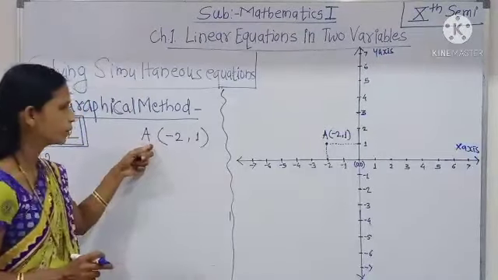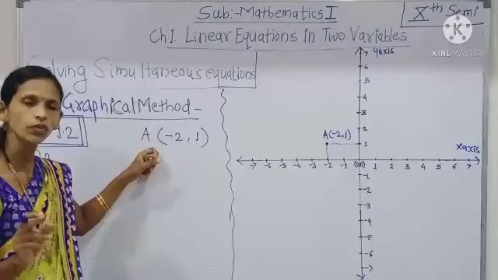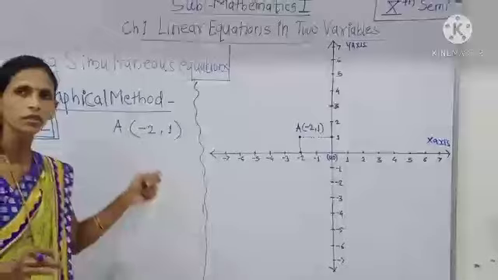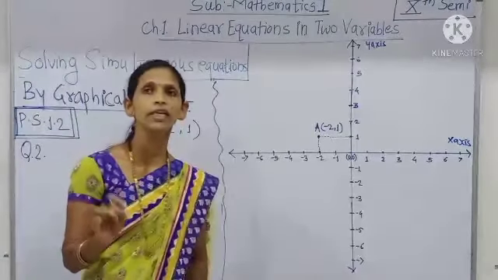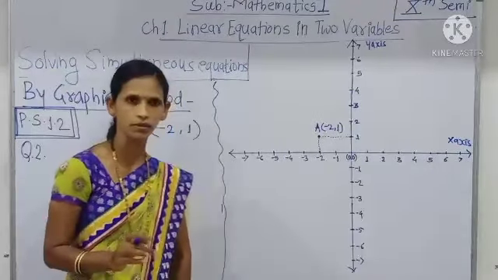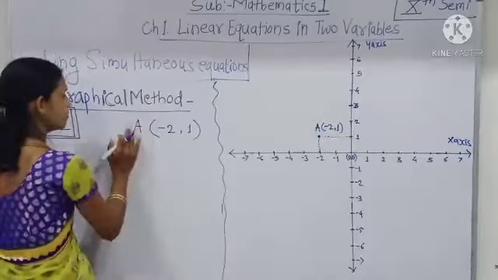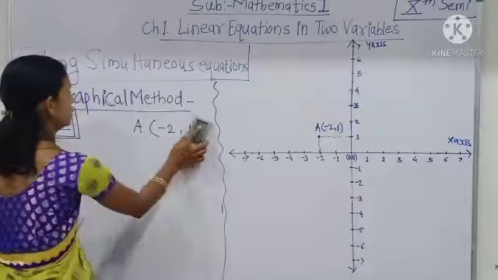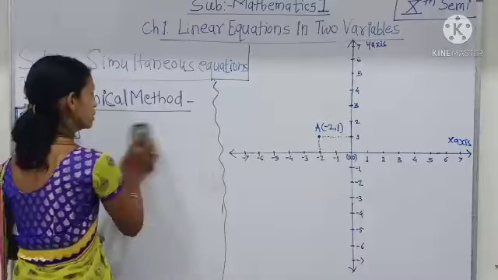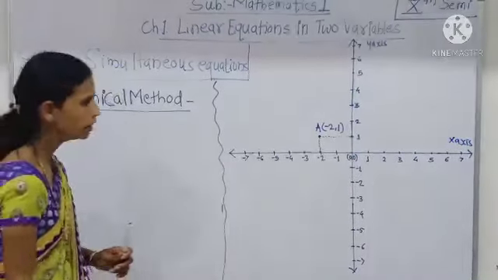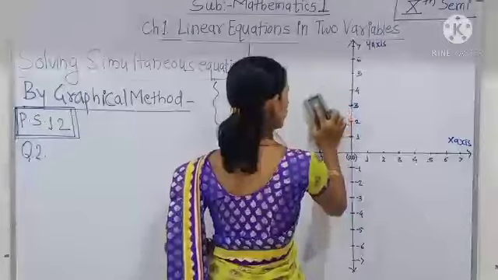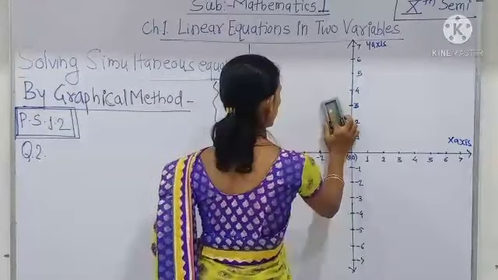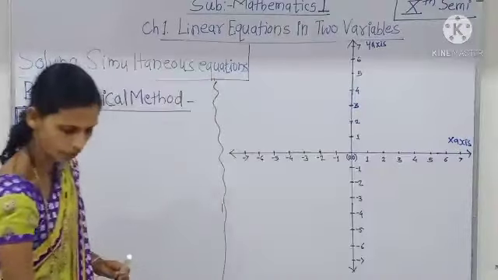Here today, first of all we have to draw the graph for a linear equation in 2 variables by taking one example, and we have to draw the graph for that linear equation using the Cartesian system or graph paper.